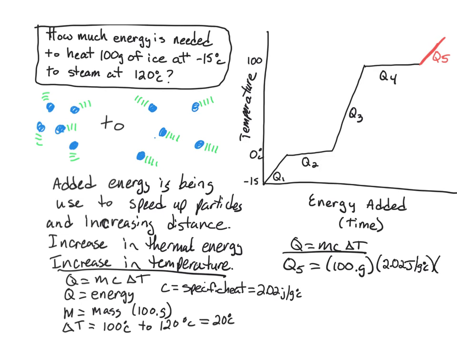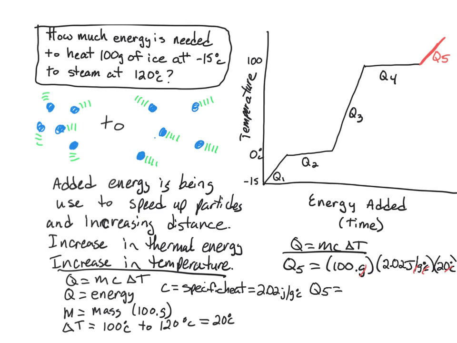And then my delta T. My units are canceling out. No more grams, no more degrees Celsius, so my unit is going to be in joules. Q5 is going to be equal to these 3 things multiplied together.